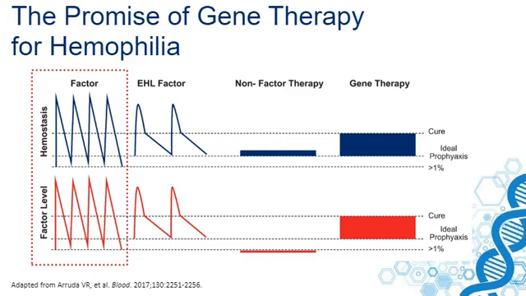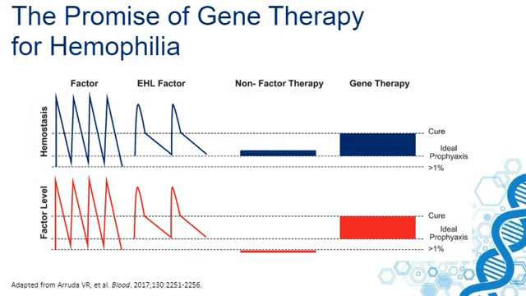So if you turn your attention to the information at the left of the slide, you see that there are intermittent peaks and troughs of factor levels which correspond to improvements and then reductions in improvements of hemostasis. This is what happens because of the half-lives of the proteins within the circulation. Those benefits were improved with extended half-life factors, EHL factors, and you can see that from the second set of data, the results in hemostasis and the results with the factor levels.